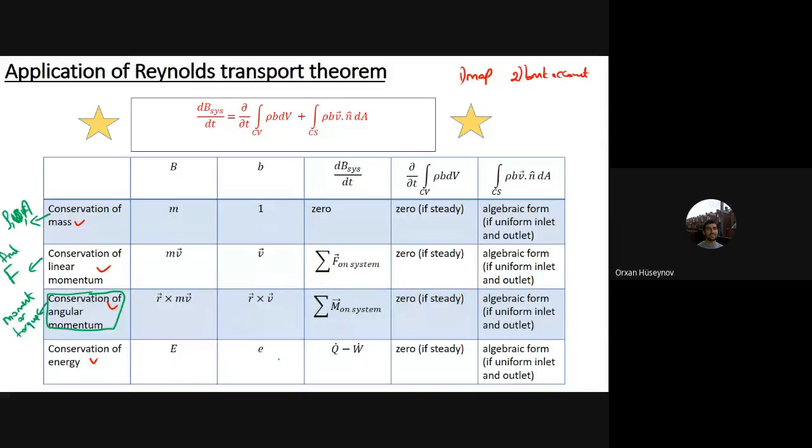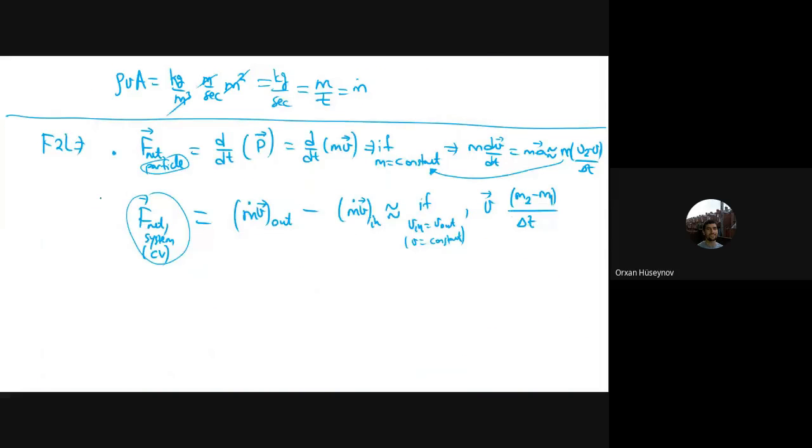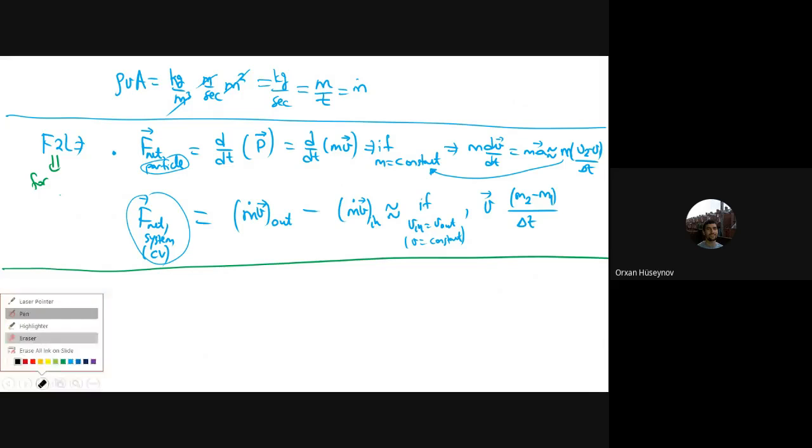So first, let's go back to the equation of the conservation of angular momentum. For the conservation of linear momentum, F net on the particle is the d/dt of the change of the linear momentum. This is Newton's second law for translational systems.